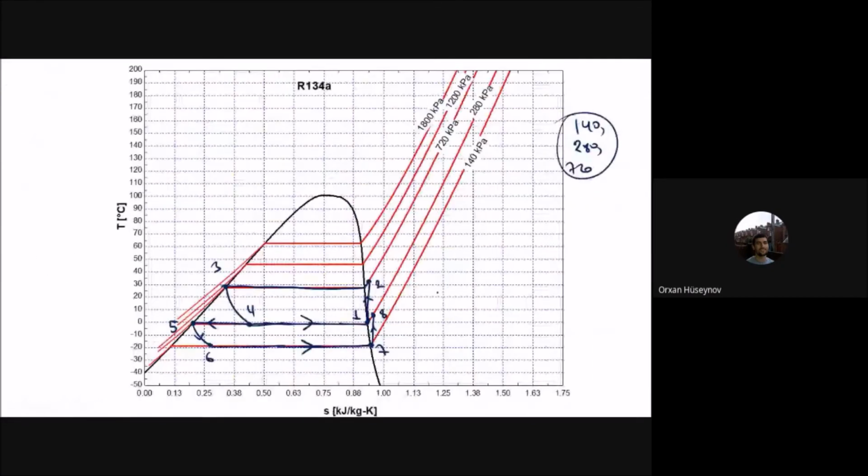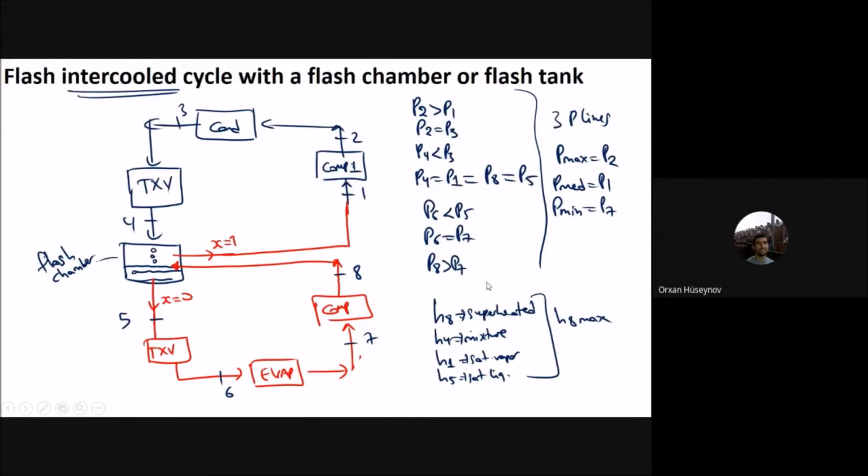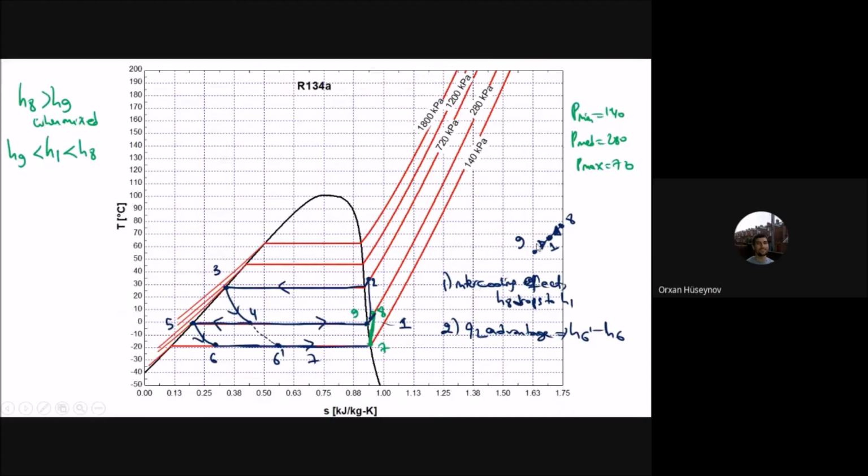So if I zoom in on that part, you have 8 here, and you have the 1 here. That one drops to 1, and similarly you have this additional cooling effect. As I said, for this one you have more intercooling. For the previous one you have less intercooling.